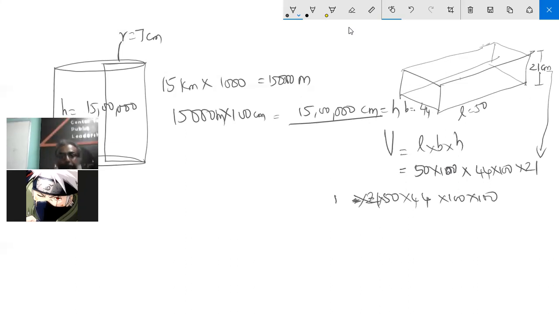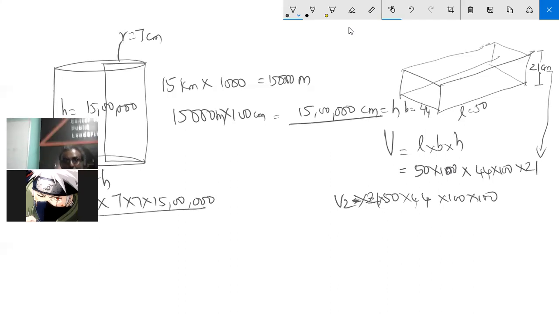This is volume 2. Now, what is the volume of the cylinder? Volume 1 is pi r squared into h. That is pi into 7 into 7 into 15 lakhs.